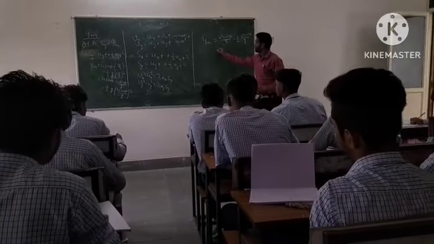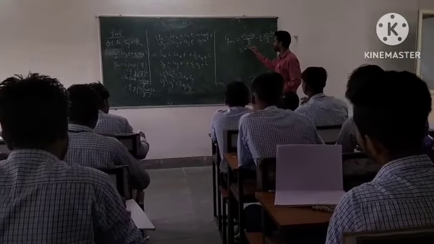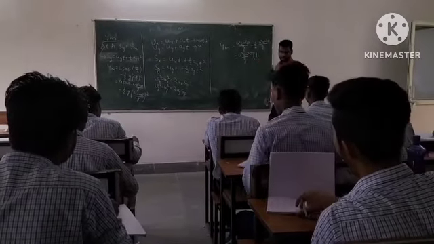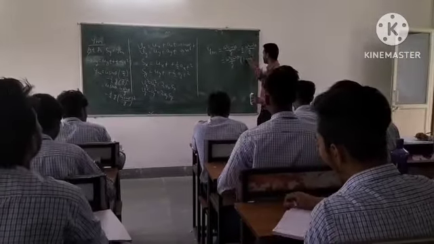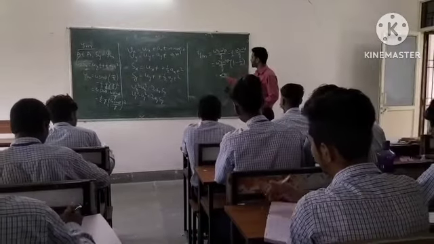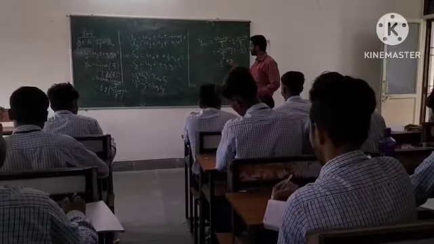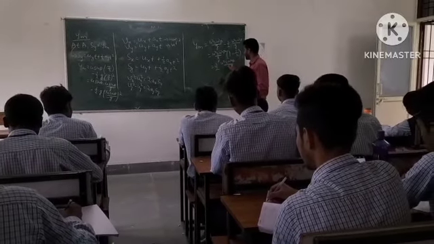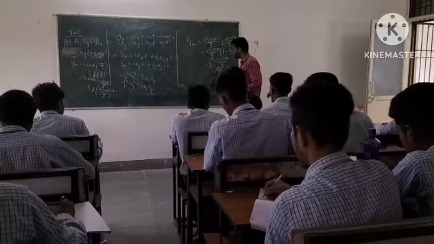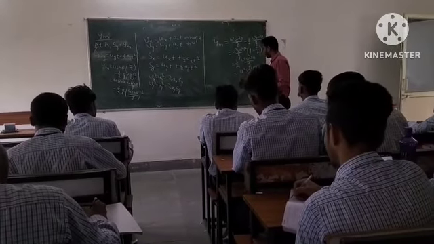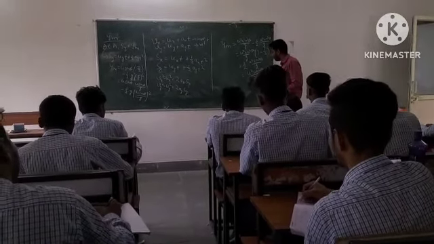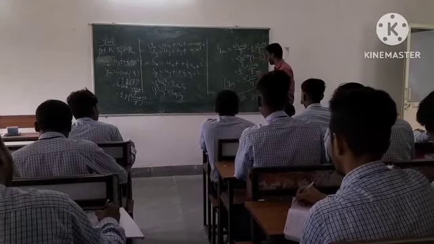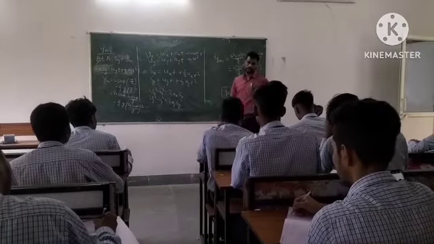So if you take u square sin square theta by g common, the first term is left with 1 and the second term is half. So 1 minus half is half. So this is half u square sin square theta by g, or in other terms u square sin square theta divided by 2g. This is the expression for maximum height.